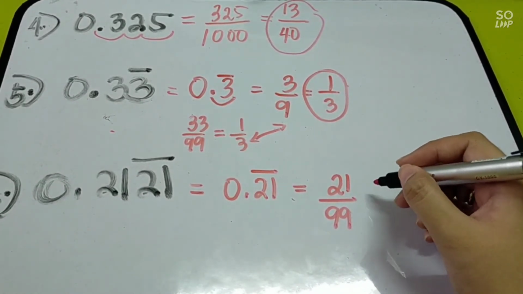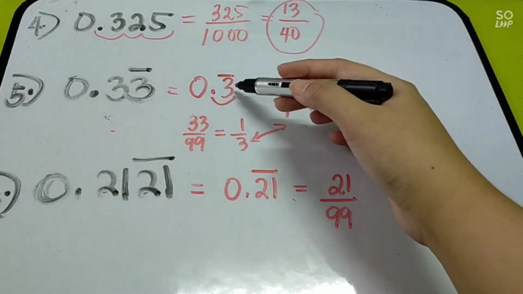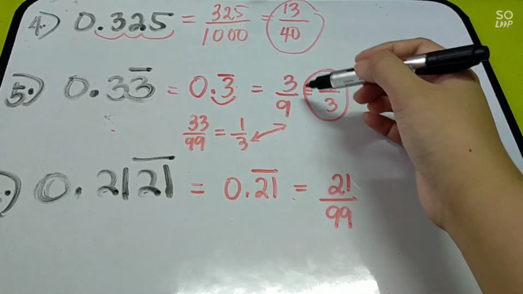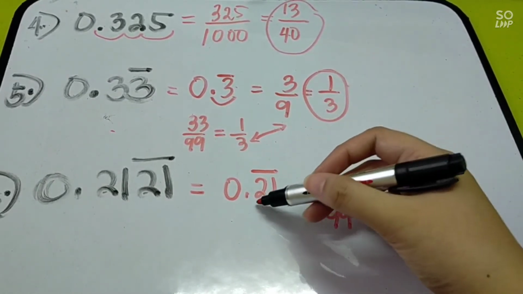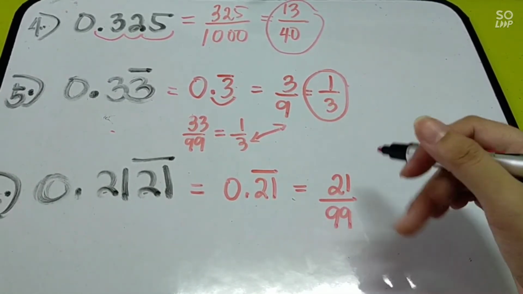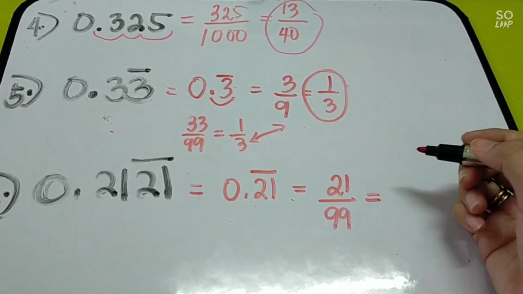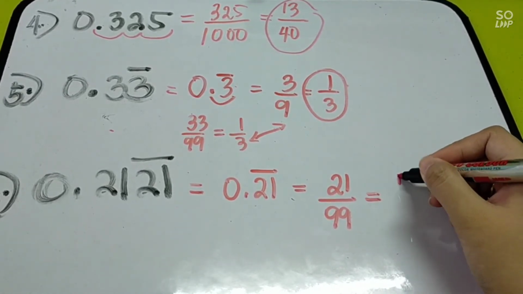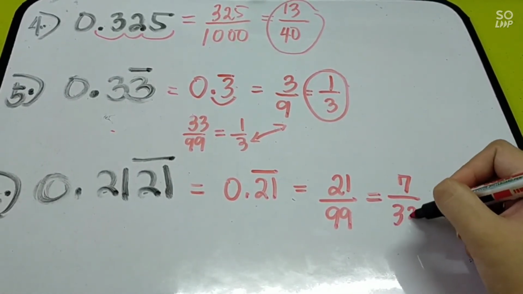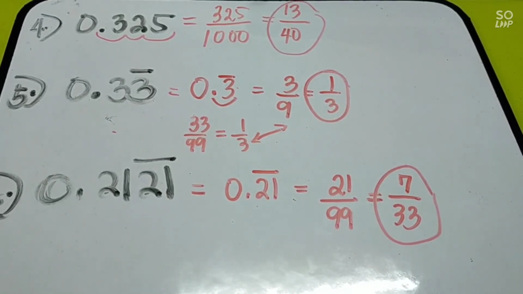Understood? However many digits repeat, that is also how many 9s you have in the denominator. Here, only 3 repeats, so 3 over 9, just one 9. Here, two digits repeat, so over 99. Understood? So, 21 and 99 are divisible by 3, so it becomes 7 over 33. That is it. Let us have more examples.